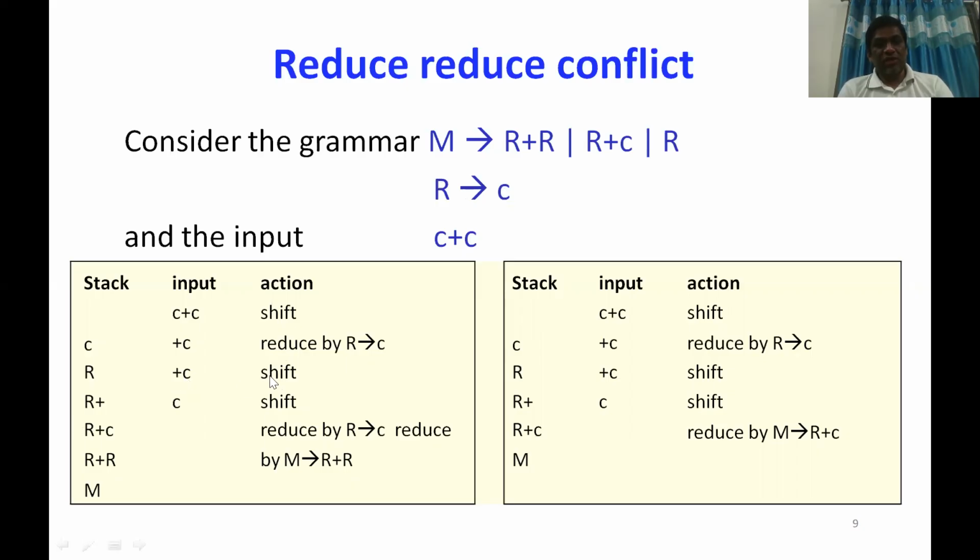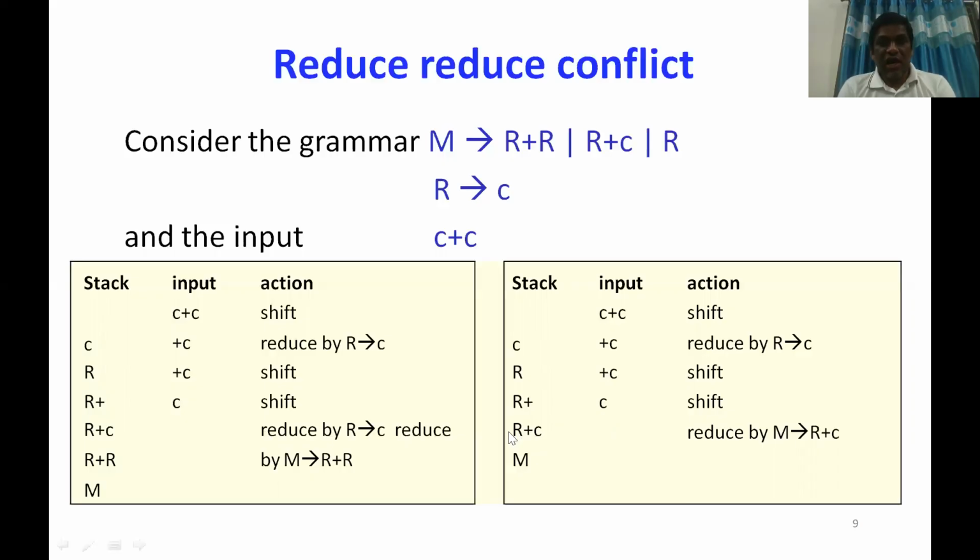Now we go with a shift operation. Then C is also moved, another shift operation. Up to this point it is the same. Now it is R plus C on the stack, and we have nothing left on the input.